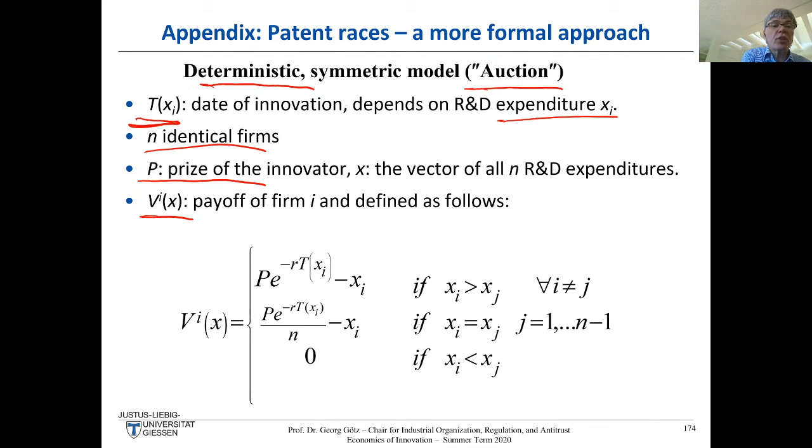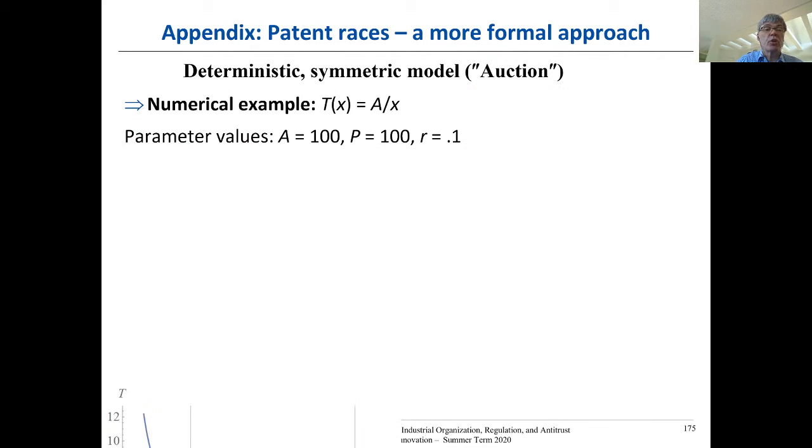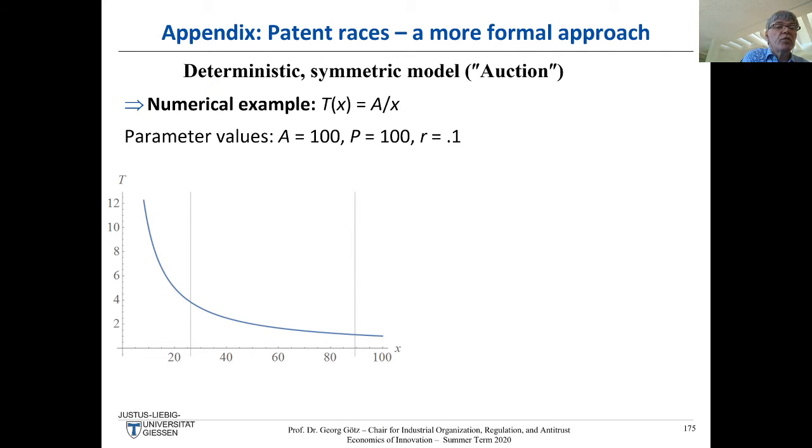What is clear, and that's what I show you on the next page with this T function, is a numerical assumption. Suppose if you invest 1 million euro, it will take you 100 years. If A is 100, it will take you 100 years until you come up with the innovation. If you invest 100 million euros, it takes you 1 year to come up with the innovation.